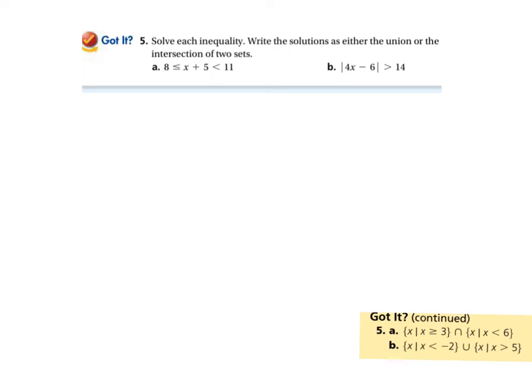Let's go ahead and solve the A. We're going to subtract that 5 from all three sides, right? So we're going to have 3 is less than or equal to x less than or equal to 6. And again, writing that as an intersection, let's break it back into the pieces it is first.